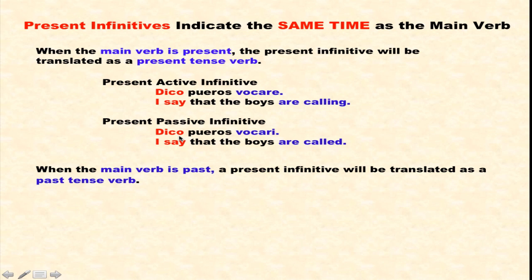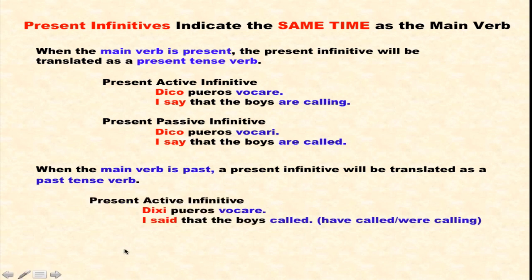When the main verb is past, the present infinitive will also be translated as a past tense verb. So, dixi pueros vocare. I said that the boys called. Notice that vocare here is still a present infinitive, but in this example we translated it "called." Here we translated it "are calling," even though it's the same infinitive.